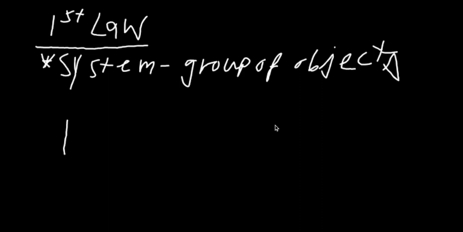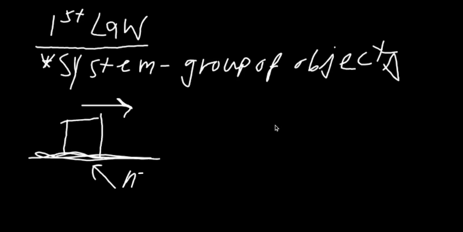Let's look at a quick example problem to illustrate this. Let's say I have a block that is sliding along a frictionless surface, so there is no friction here. Newton's first law would say that this box will continue on with the same velocity, meaning same speed, same direction, indefinitely, until there's an external force acting on it.